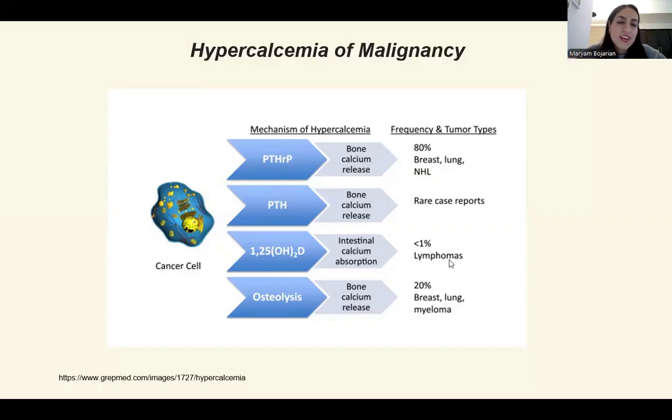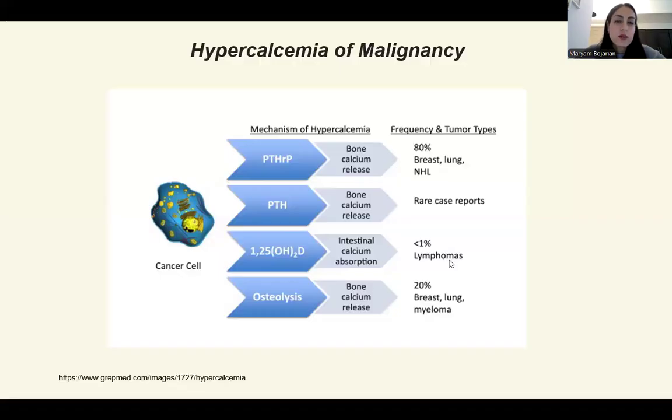In really rare cases, we do have increased PTH hormone, and in lymphoma, we can have increased 1,25-dihydroxyvitamin D. And some tumors can directly attack the bone, and breast, lung, and multiple myeloma can cause this type of hypercalcemia.